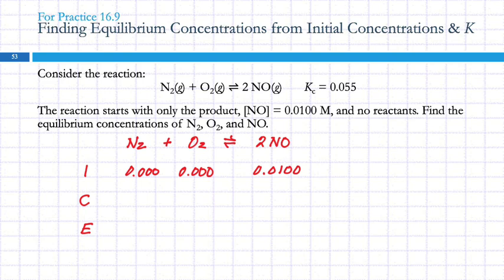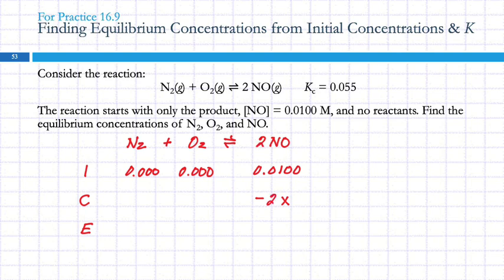So which direction is this reaction going to go in? Is it going to go in the reverse or forward? Reverse. It has to go in the reverse. There's nothing to react, right? So it has to go in the reverse direction, meaning that the concentration of this product is going to decrease. So it's going to decrease, and we're using X as our unknown, and we should use this coefficient of 2.